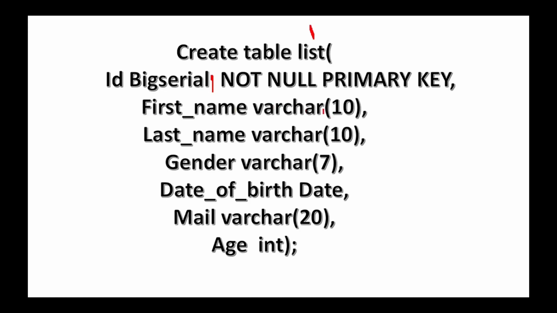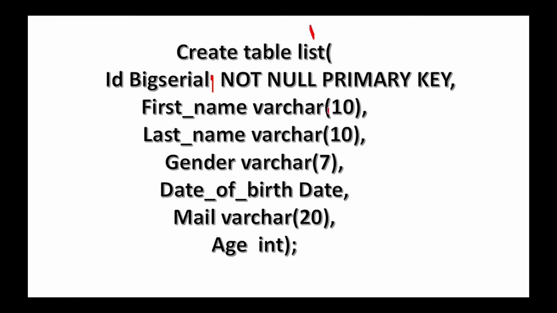Now the VARCHAR is used for the string data type, basically text. That's what VARCHAR is used for. Then the 10 right here shows the limit of text that this column can take or should take.